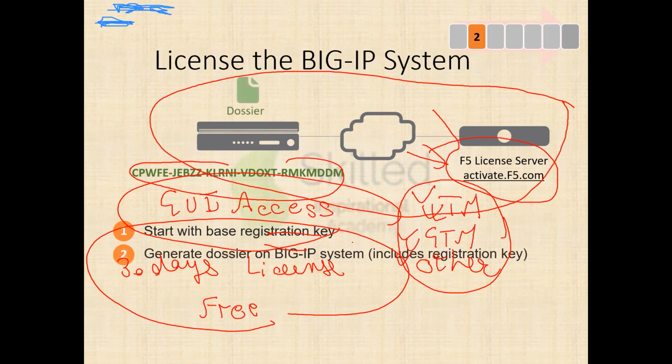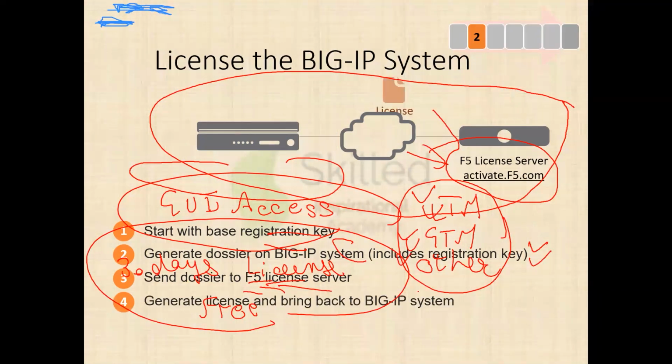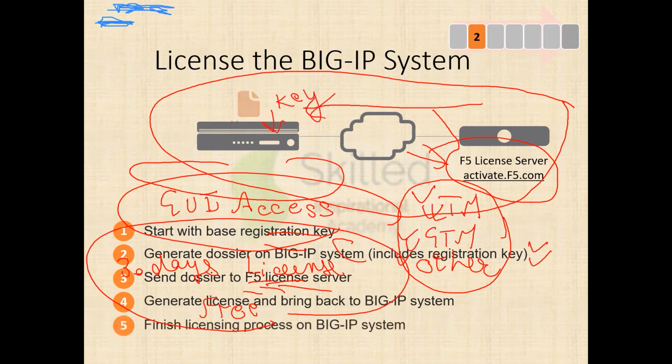Then you can generate your dossier file, which includes your registration key. And then you need to send the dossier. You can just copy and paste it to activate.f5.com, and your license server will give the license to your F5. You will get the license key, and then you can finish the licensing process.